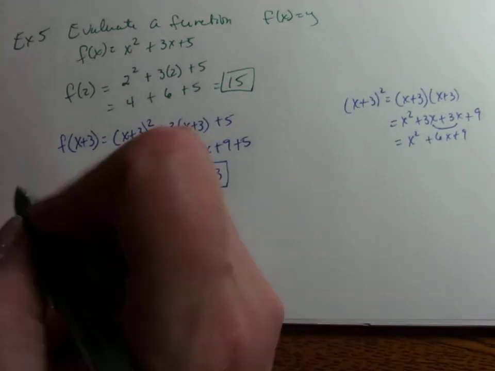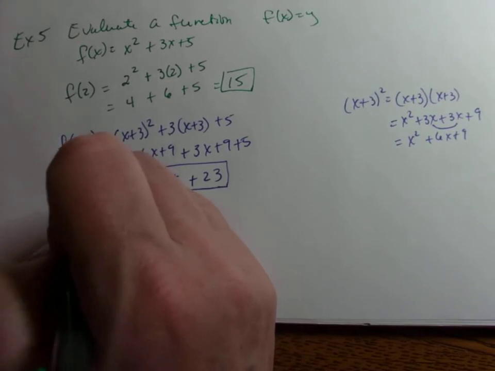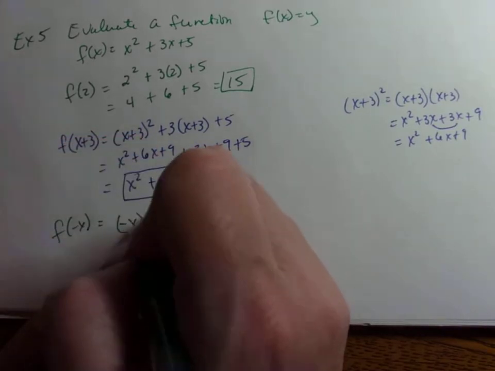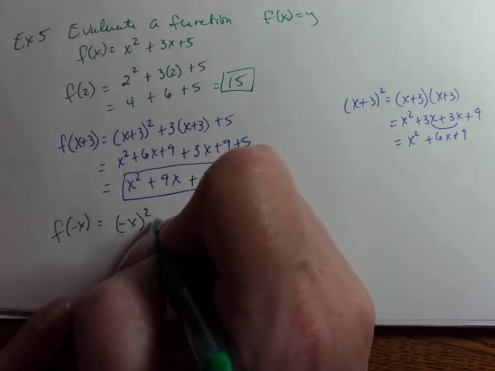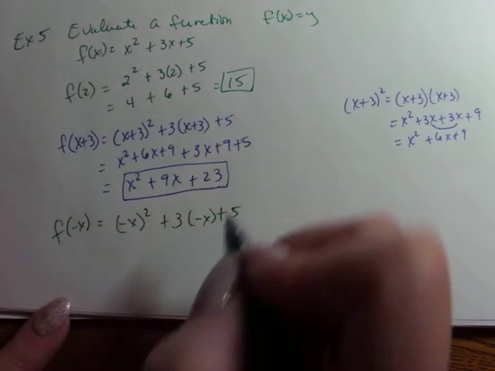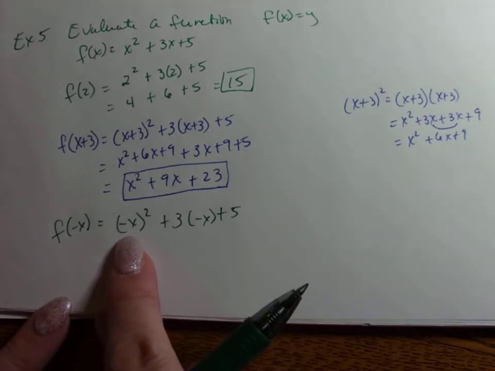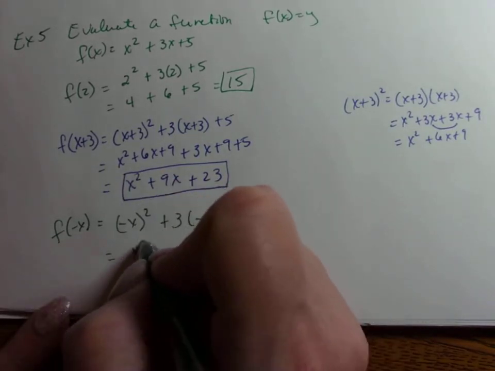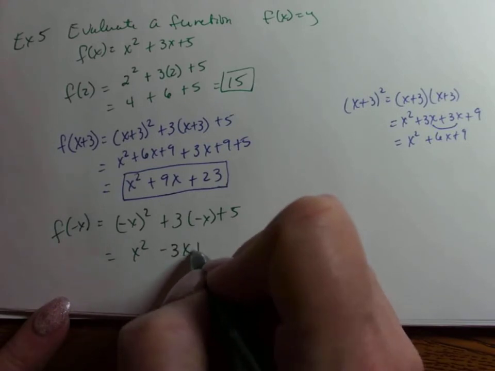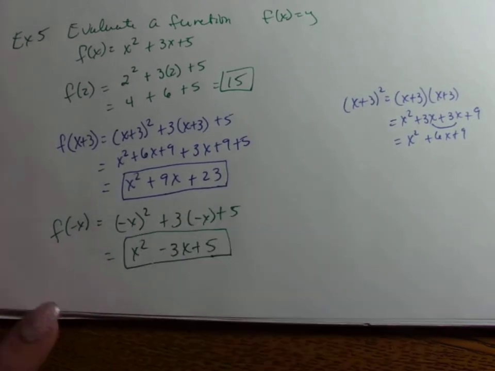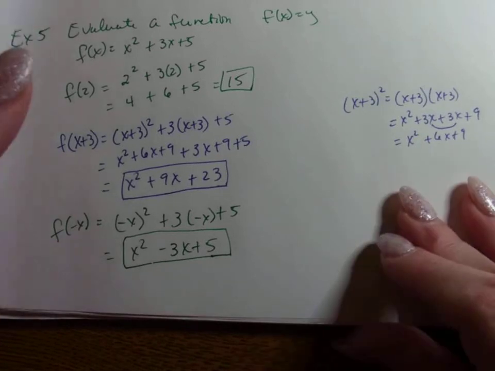And then our last one will be finding f at negative x. So we're plugging in our negative x for our x value. So negative x quantity squared, plus 3 times negative x, and then plus 5. Remember, squaring any negative makes it a positive when it's in the parentheses there. So that'll give us x squared minus 3x plus 5. All right, so that's evaluating a function.